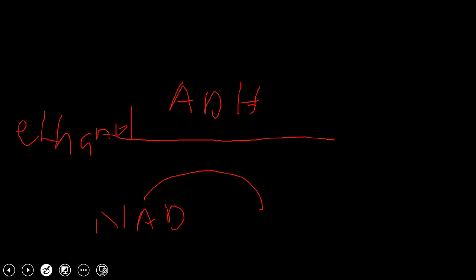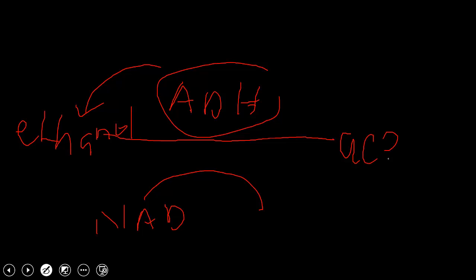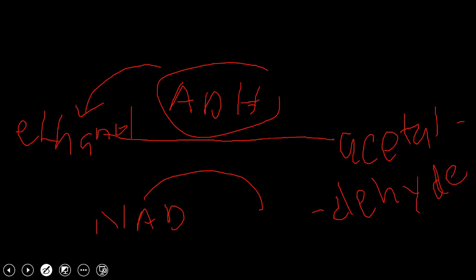So what happens is ADH acts on alcohol, which turns it into acetaldehyde, and the reduced electron is transferred to the electron acceptor called NAD, which turns it into NADH. So that is the reaction.